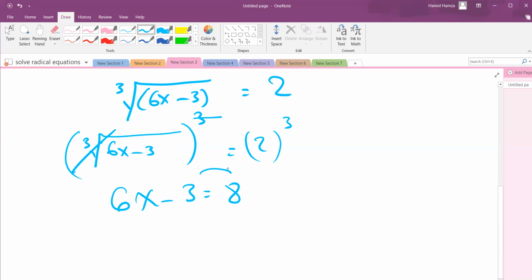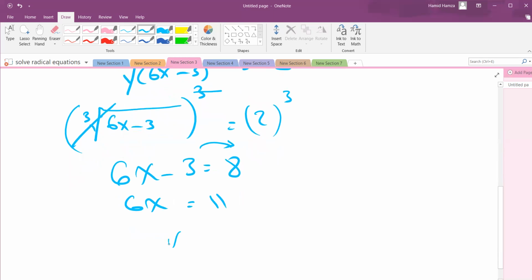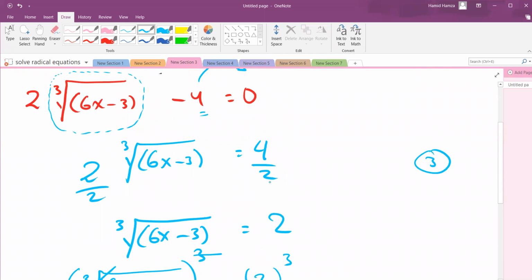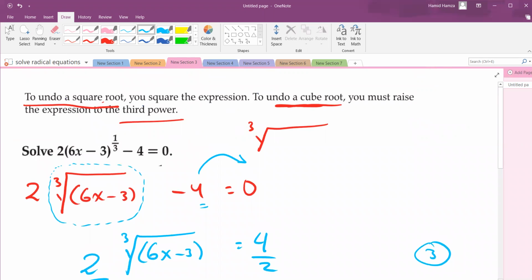Solve it. 3 to the other side, so 6x equals 8 plus 3. It will be 11 divided by 6. So x equals 11 over 6 like this. Now also, guys, we must check the solution.